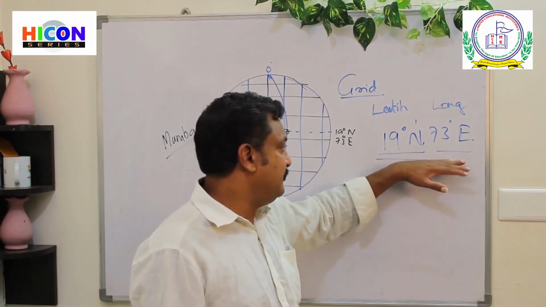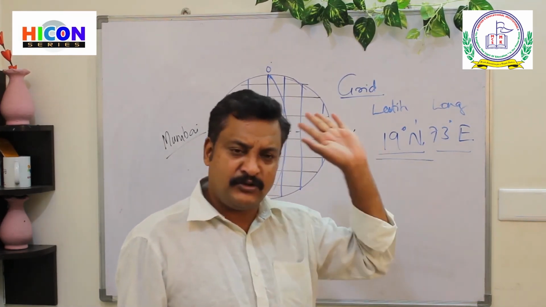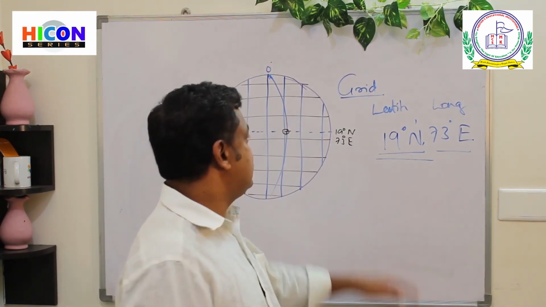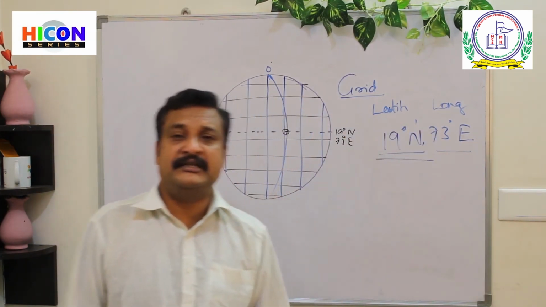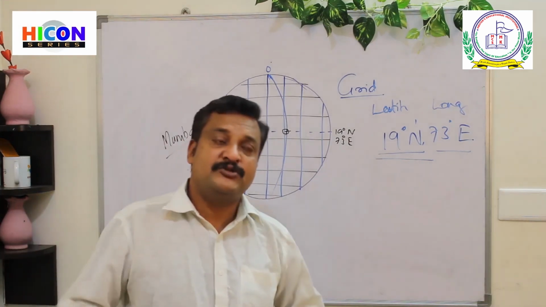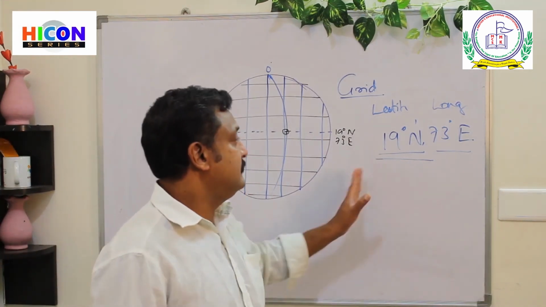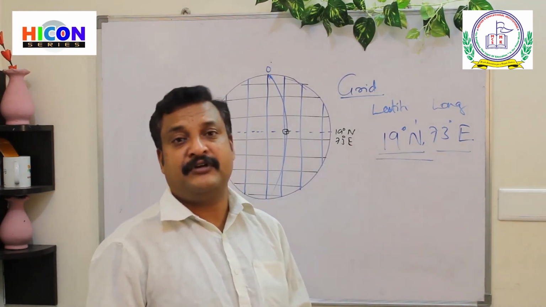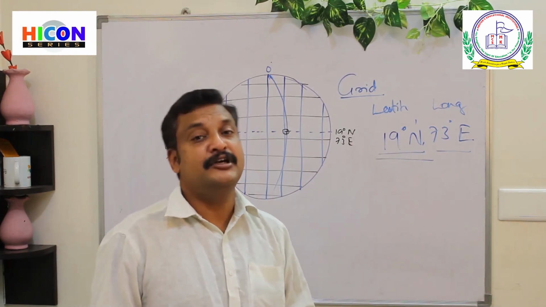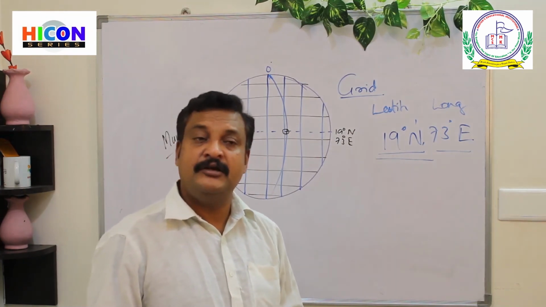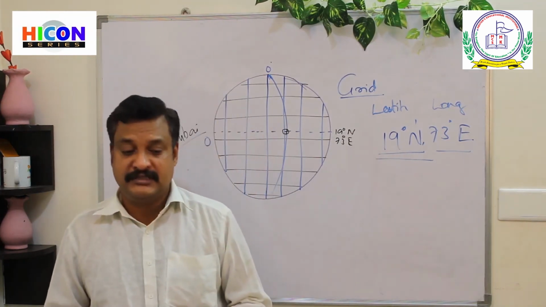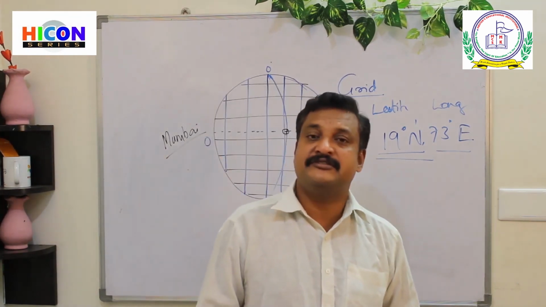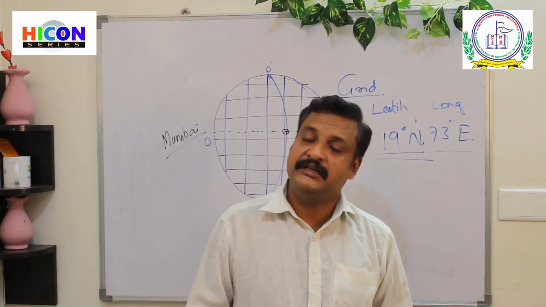So this grid system that is formed by the latitudes and longitudes helps us to easily identify the location of different places. Right? So that is for the lesson part, and in the next class we will deal with the exercises or activities from this lesson. Okay, so till then, take care.